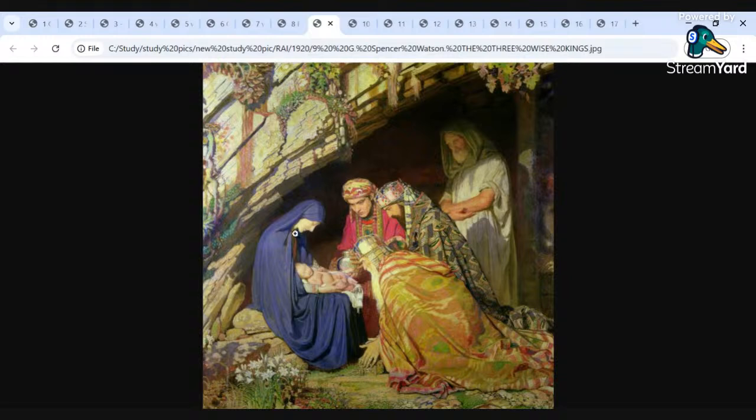You can see this muted blue, muted green, muted red. The reds across here from the stain in the rocks, or the succulents or whatever they are, reflected in the wise men. And it creates this very interesting dual tone palette.